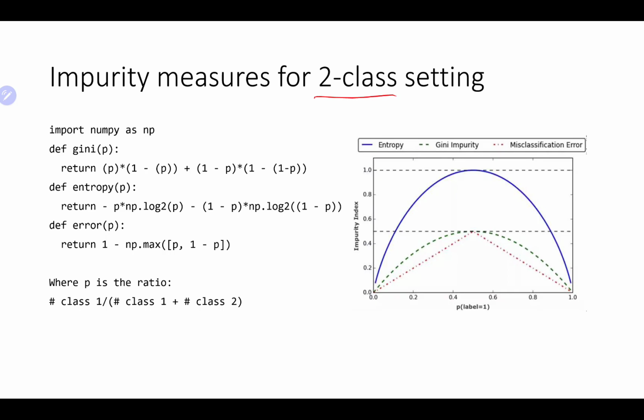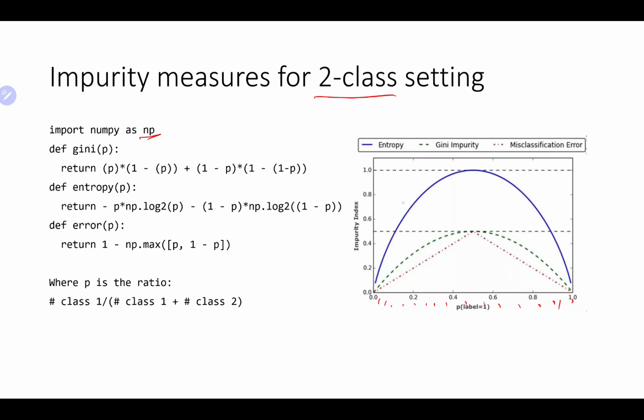So for a two-class setting, that formula that I've seen before can be simplified a bit more, and I've shown here how you can do that within a coding environment. Let's say in this case it's Python. By calling the NumPy library in Python, you can easily calculate the Gini index and the entropy values, and the figure on the right shows how those look for different proportions, right, between 0 and 1 for a two-class scenario.